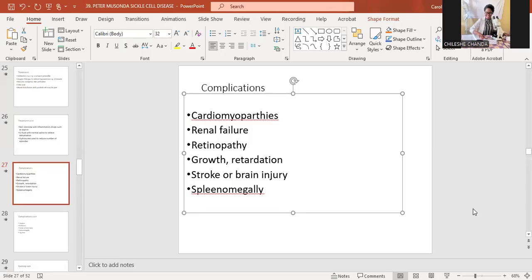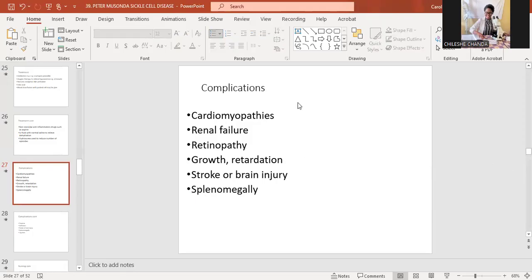And so you find that the patient may develop cardiomyopathies such as cardiomegaly, okay? Even coronary artery disease, because those small blood vessels that are taking blood to the myocardium may be infected, and so you find that there will be coronary artery disease.